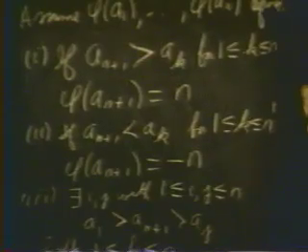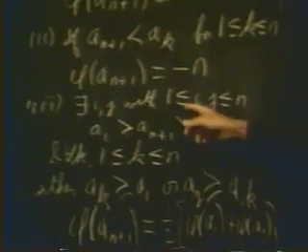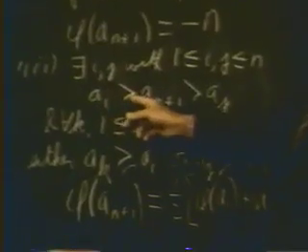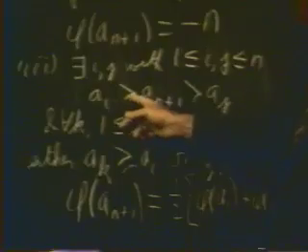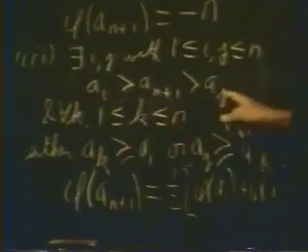The complicated situation is the third case, when a sub n plus 1 is neither above all the elements previously given numerical assignments nor below all the elements. Well, from the finiteness up to this element, n plus 1, we know there must exist elements i and j with 1 equal to or less than i, j equal to or less than n, such that a sub i in the ordinal ordering we're considering is strictly greater than a sub n plus 1, which itself is strictly greater than a sub j. And for all k, these elements get as close as possible to a sub n plus 1.